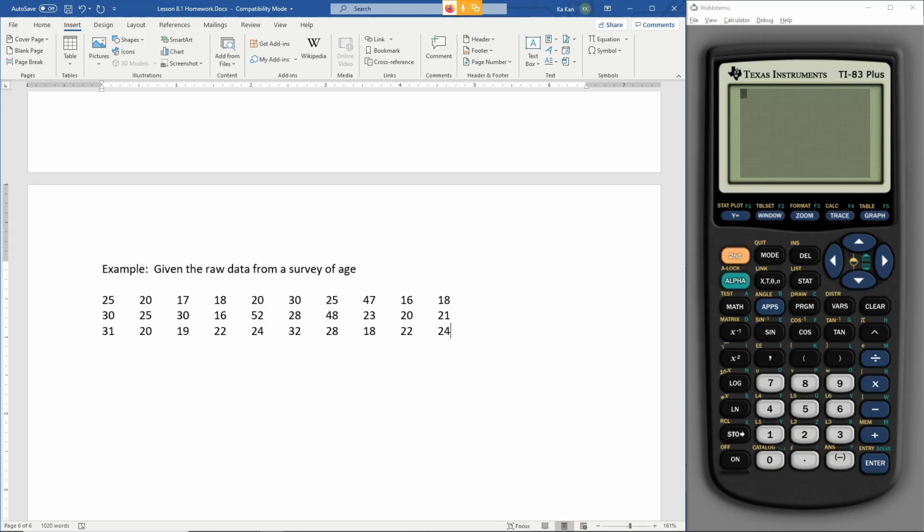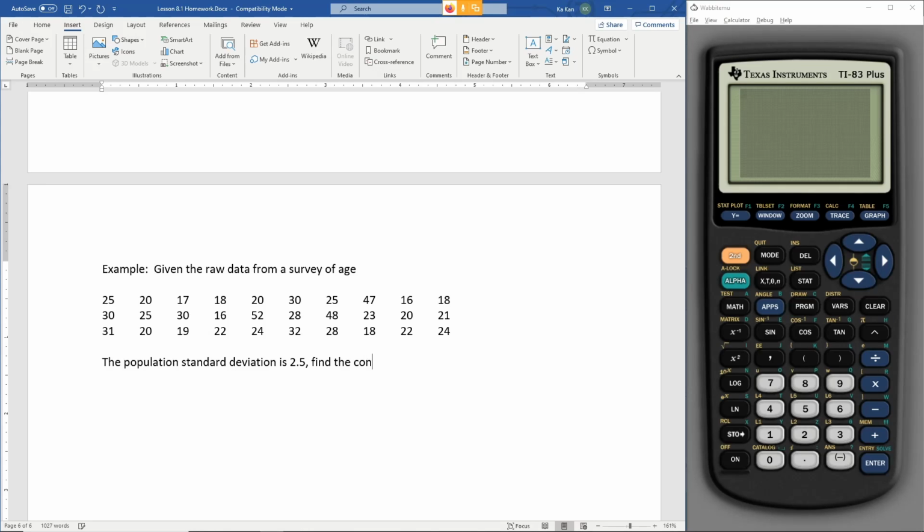Like this. So given the raw data from a survey of age, let's say that the population standard deviation is, let's just say, 2.5.